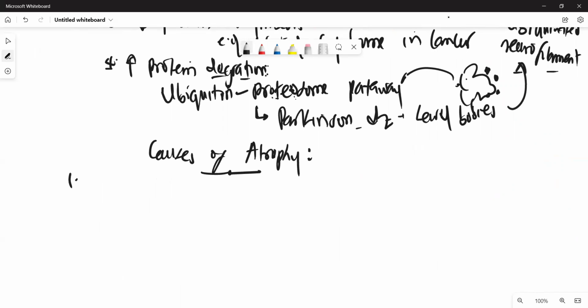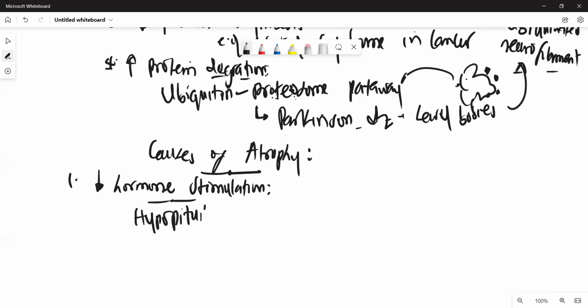Number one is decreased hormone stimulation. If we are expecting a particular hormone to stimulate a particular organ and it doesn't, that organ will atrophy, right? A classic example is somebody who has hypopituitarism.